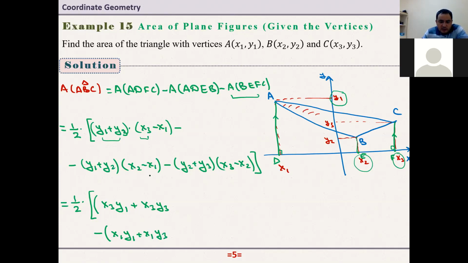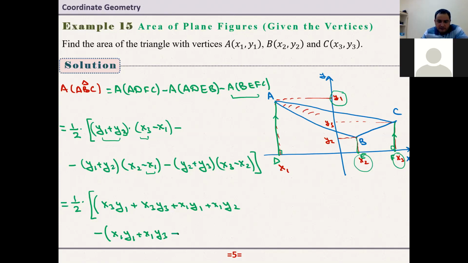How about the second one? If I multiply this negative x1 by these things, because of this minus, it will be plus. So here we have x1, y1, plus x1, y1, and x1 times y2, plus x1, y2. But if you multiply x2 by this, because of this minus, it will be minus.